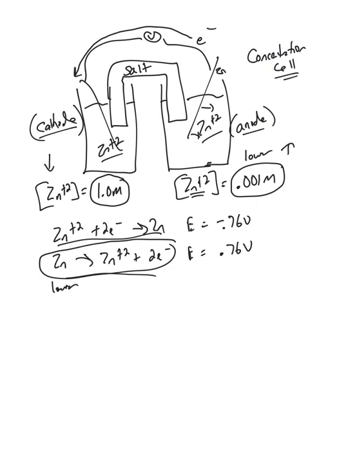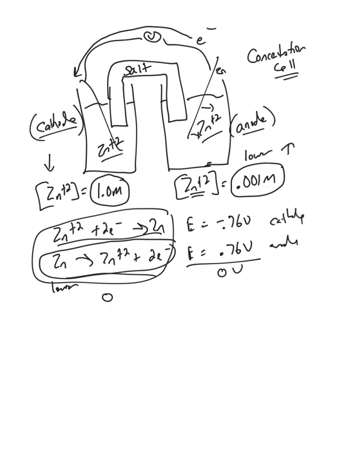Okay, what would the voltage of this cell be? Well, first of all, if I add these two half reactions together, the voltages cancel out to 0. If I sum up the voltages of the anode and the cathode, it all sums to 0. Because if they were both 1 molar on both sides, there would be no voltage because there's no difference in concentration.